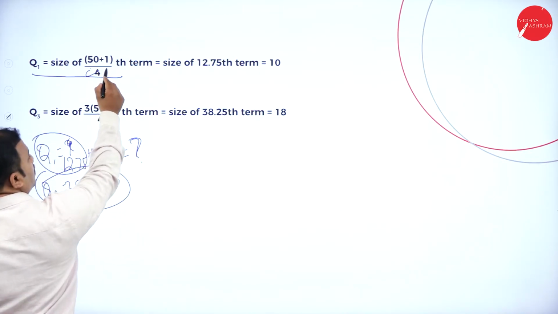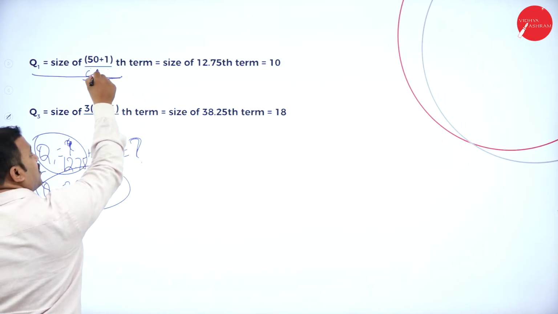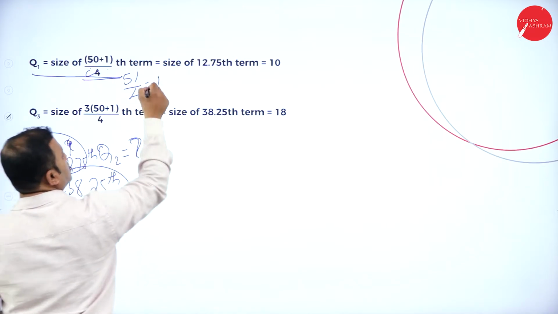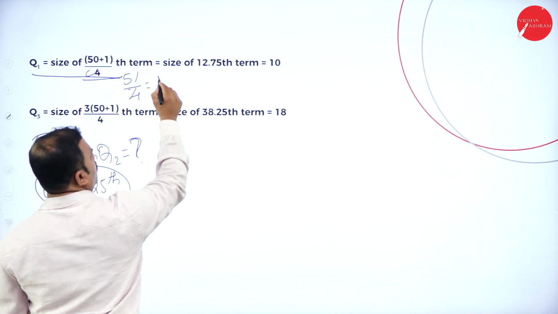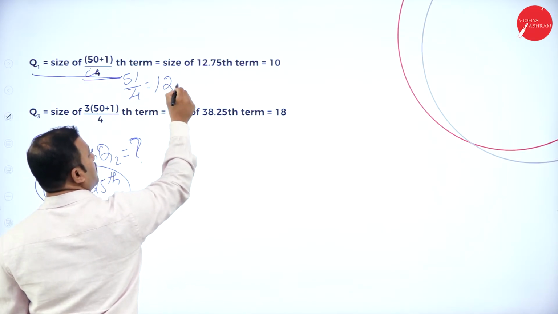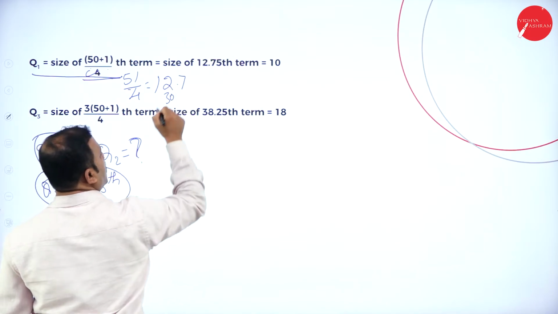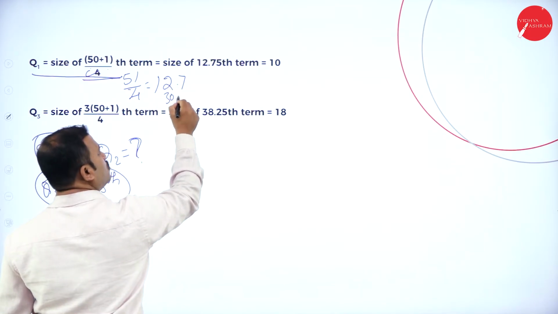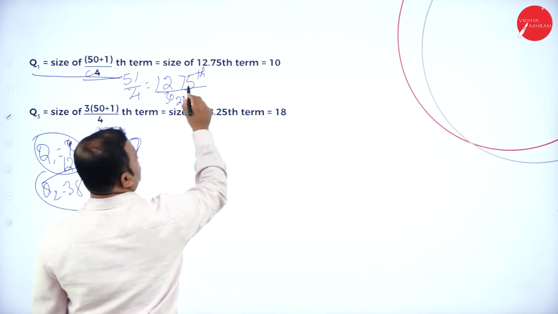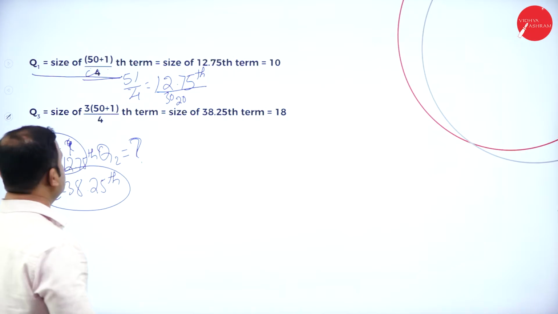We have n plus 1 by 4, which is 50 plus 1 by 4, that is 51 by 4. 4 1s are 4, 4 2s are 8, left with 3. Now 4 7s are 28, we are left with 2, 20, 4 5s are 20. So the 12.75th term is to be considered. Which is the 12.75th term in this series?